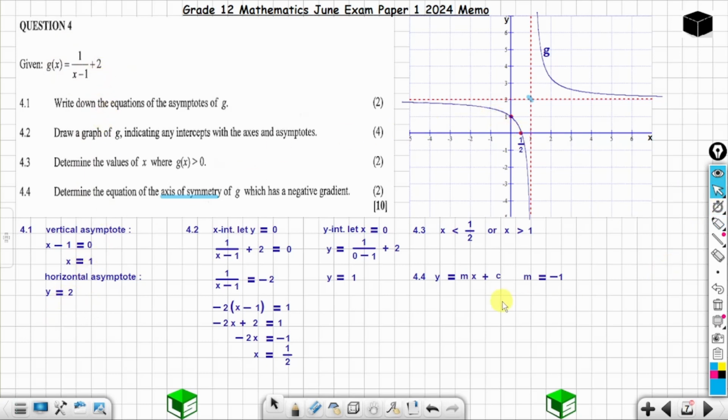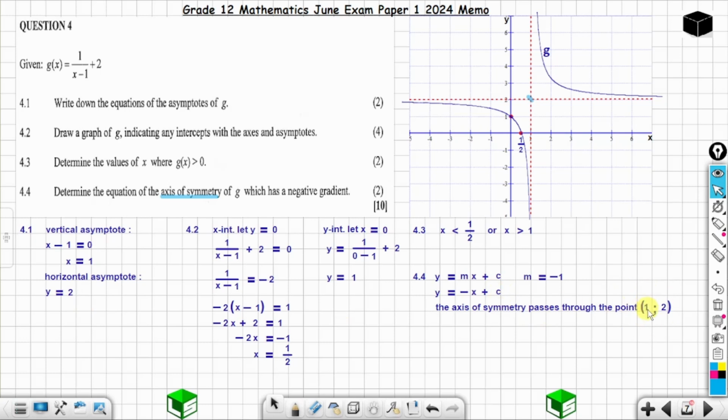So, y is equal to -1 times x, you have -x plus c. Now, to find c, the axis of symmetry passes through this point 1 and 2, so you can use this point to find c.